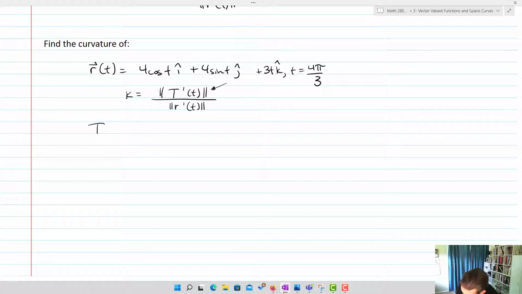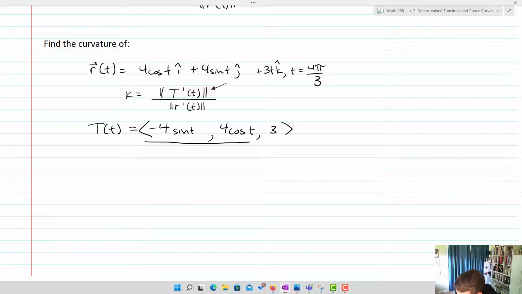So T of t is the unit tangent vector. We take the derivative of r, which is negative 4 sine t, 4 cosine t, 3, and then we divide that through by the magnitude of this, because it's a unit tangent vector.